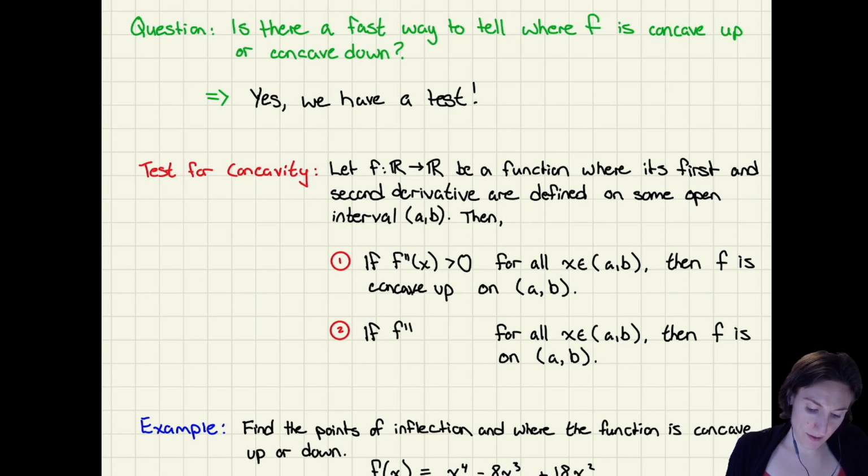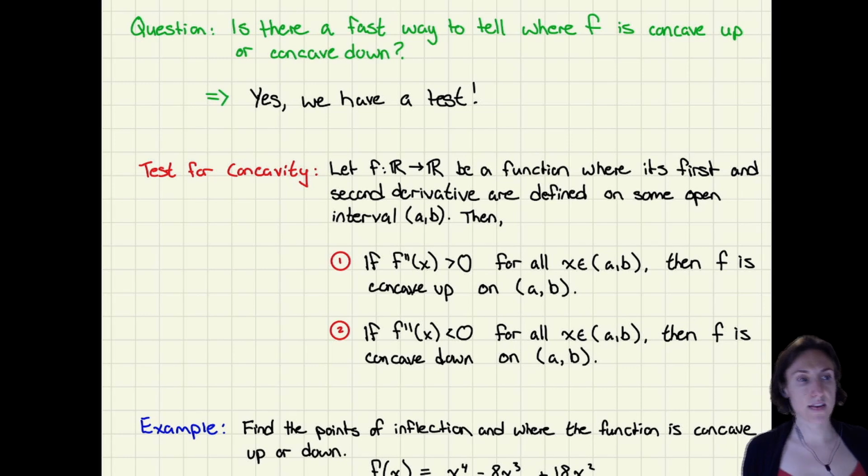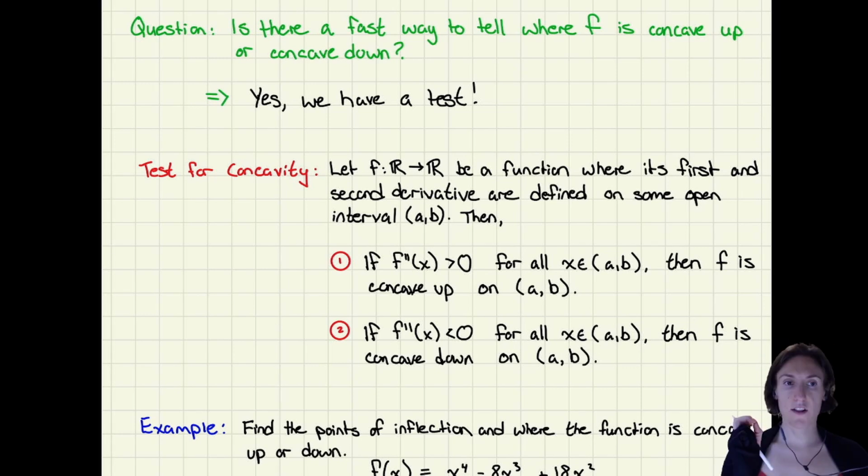Similarly, if the second derivative is less than 0, then it's concave down on that interval. So very similar to increasing, decreasing, the process is exactly the same, except instead of analyzing the first derivative with a critical point, you're analyzing the second derivative with a point of inflection.